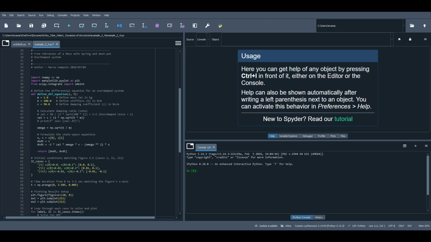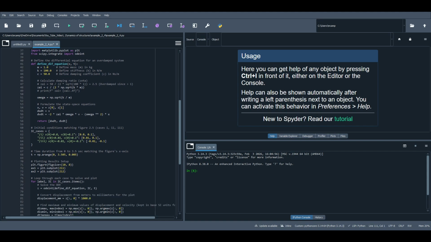This function returns the velocity and the acceleration.